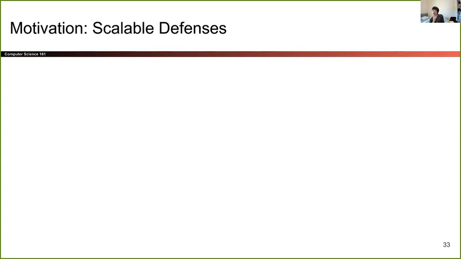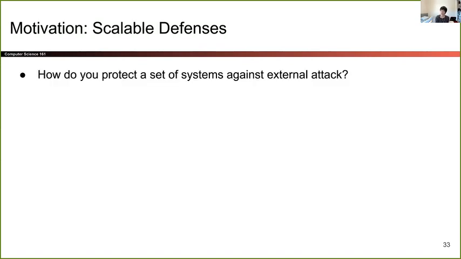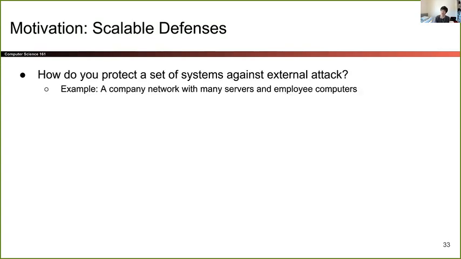Let's say you are a system administrator. You've just been hired at, I don't know, Google to be their chief of security, and you need to defend their systems. How do you protect your systems against external attacks? Well, if you work at Google, there are many servers and there are many employees and they have many computers.